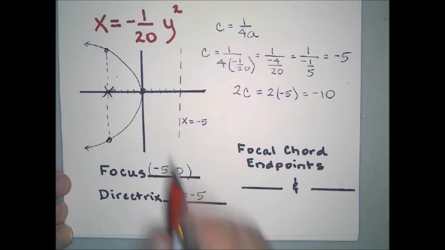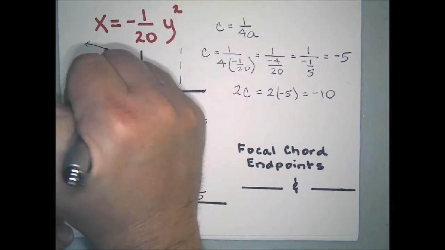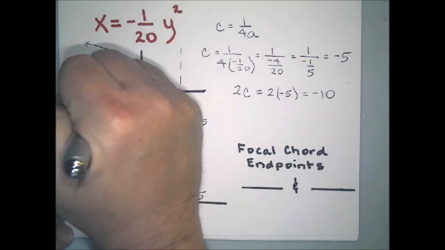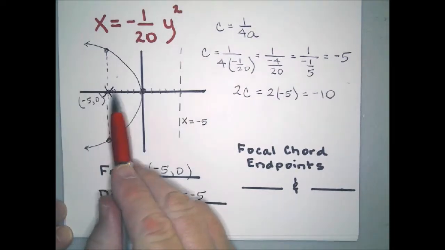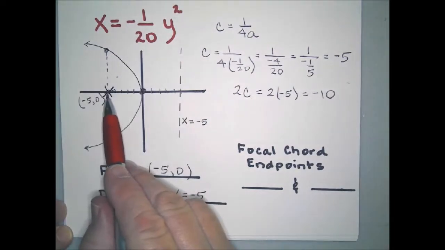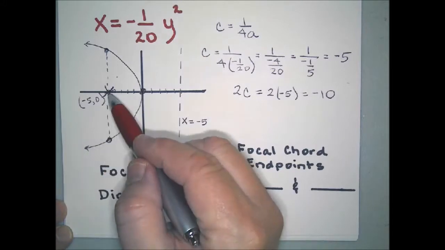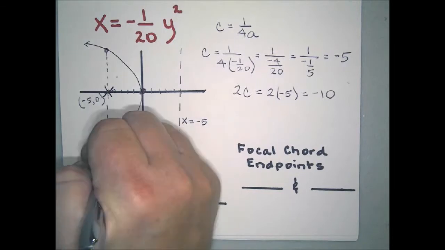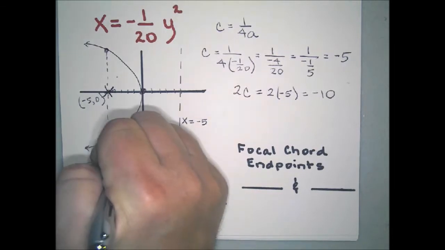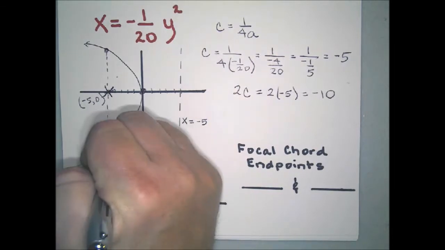But so all it's saying is this: if I'm at -5, 0, to be at the focus. If I take 10 steps down from here, I'm now at -5, -10.